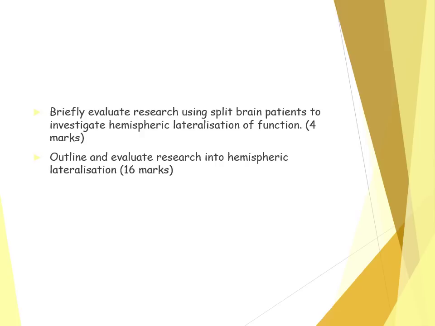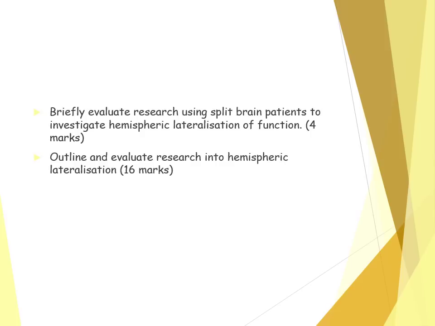Then I would mention my second AO1 paragraph on that key research into split brain patients and how they had severe epilepsy, so they had to cut the corpus callosum, and then the task they did, so information being presented to the different visual fields. Could they say what they'd seen, yes or no, and why?